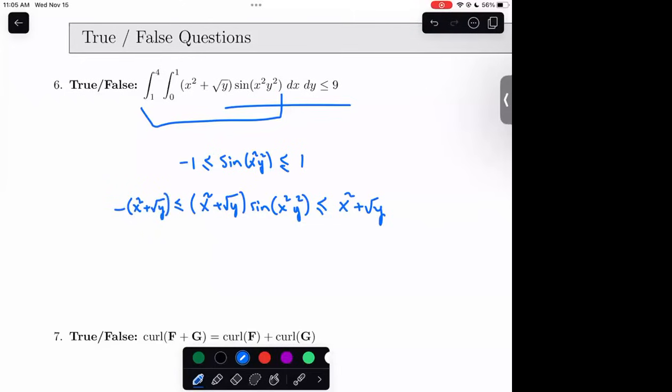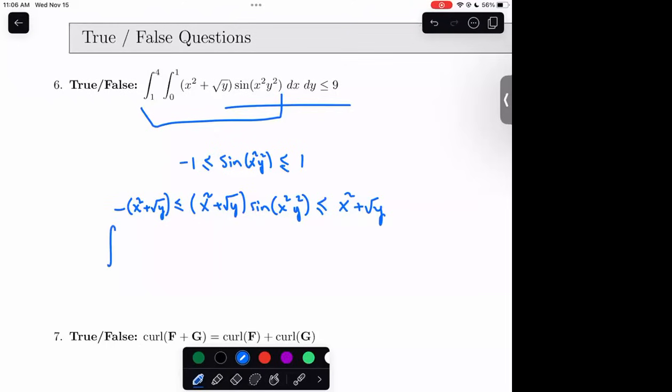Now remember, so long as you multiply by a positive number, the inequality is maintained. So x squared is positive, and then we have plus the positive square root of y, which is also positive. So this will be positive, so the inequality is maintained. And then the one theorem that we have when it comes to inequalities and double integrals is that double integrals maintain inequalities.